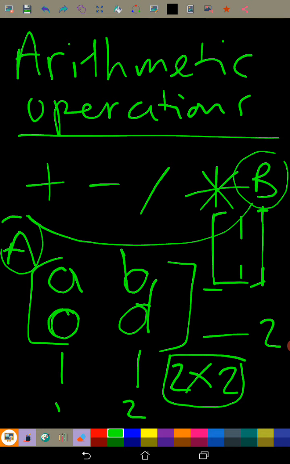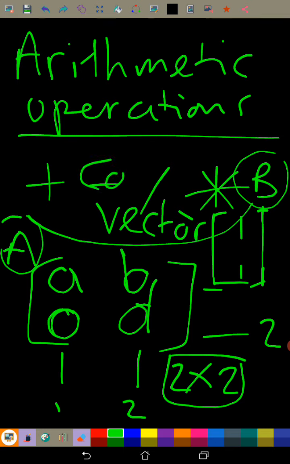Numerical quantities are referred to as scalars. We've heard of a vector, more precisely a column vector.